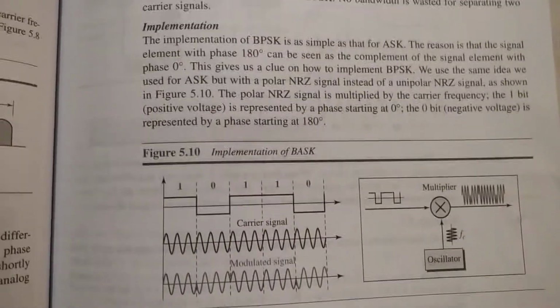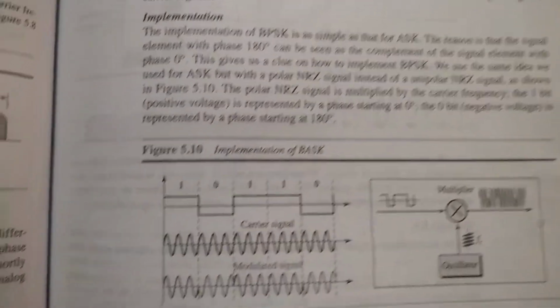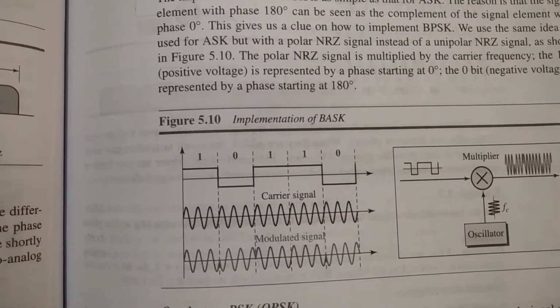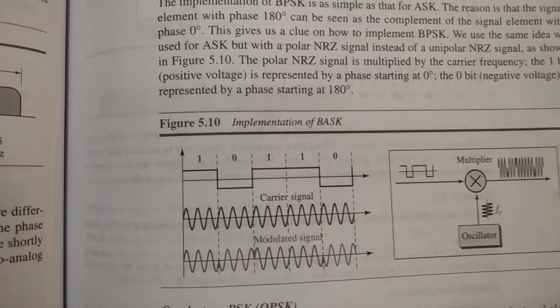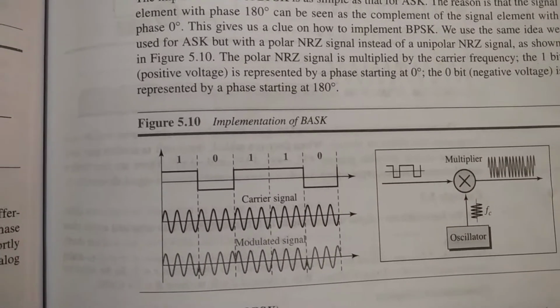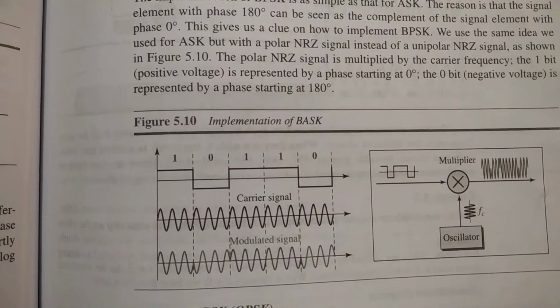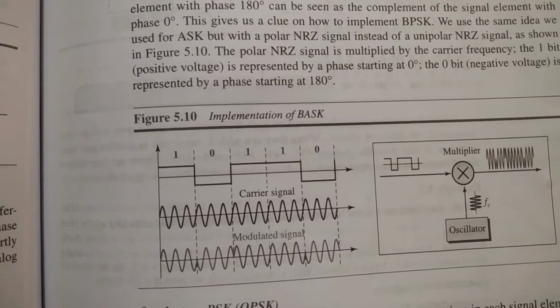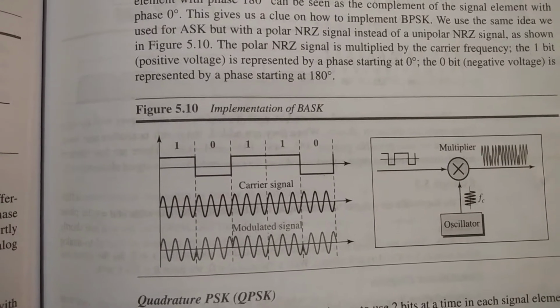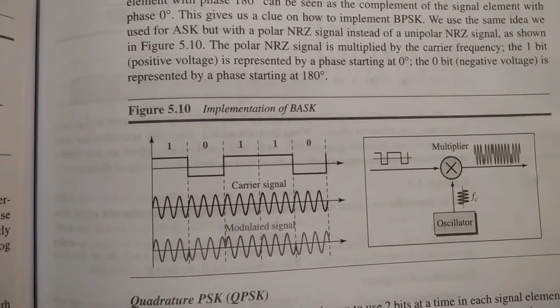How are we going to implement it? In this diagram you can consider that 10110 is the digital data. With the help of line coding, we'll be converting it into a digital signal. Then with the help of the oscillator, a carrier signal is taken.